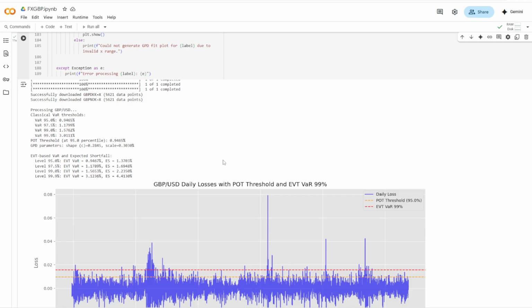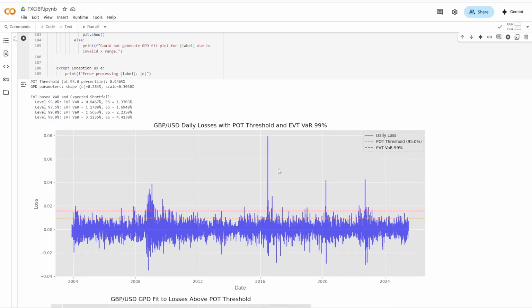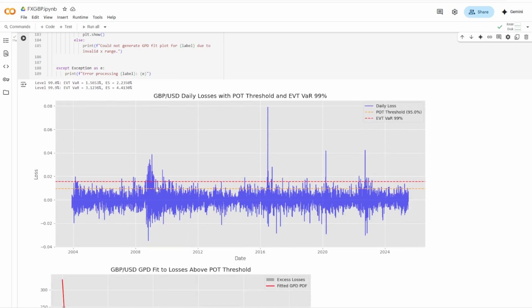And peaks over threshold. So what happens? If the market, basically the pound, crashes more than 0.95% or goes up more than 0.95%, plus or minus, then we identify those periods or those days. Especially during periods of financial stress, we see that those very large daily returns are concentrated, they happen within the same span of time.